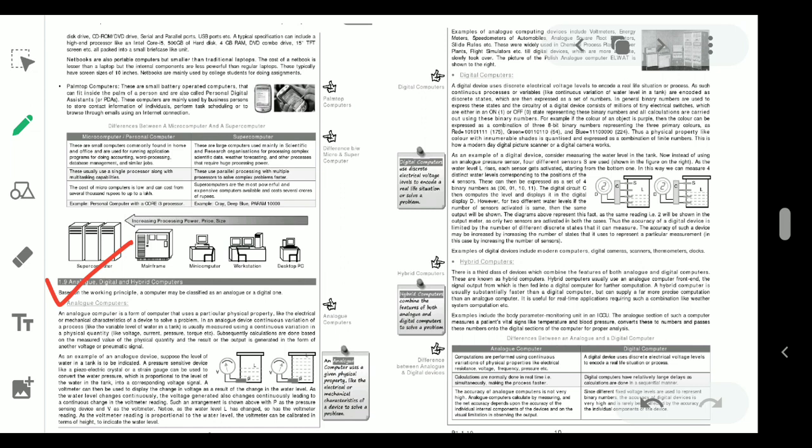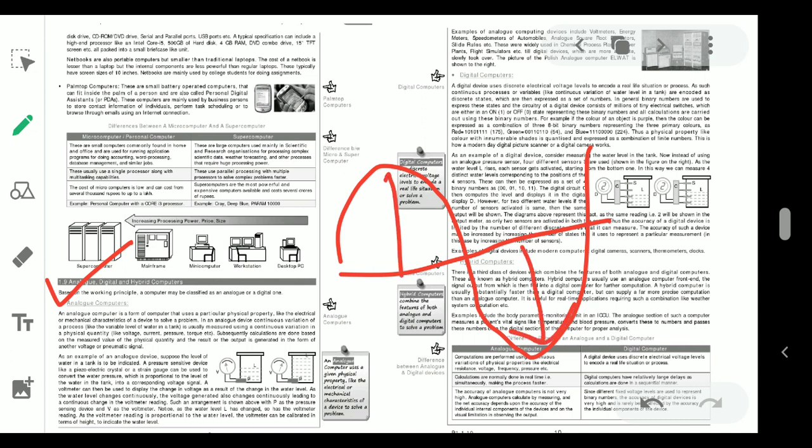Now come to the digital computer. A digital device uses discrete electrical voltage levels. Discrete electrical voltage means, if you know the sine curve, sometimes it shows a high peak, sometimes a low peak, and discrete means this kind of thing, always symmetry is not there.